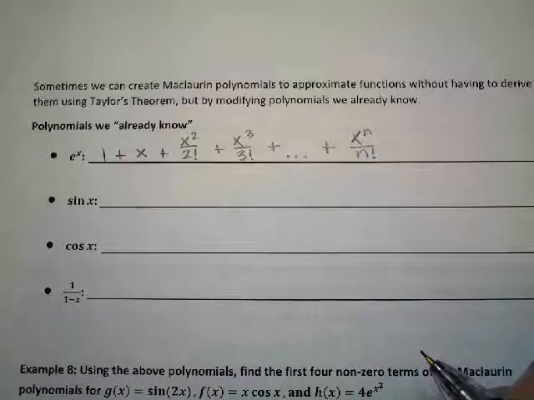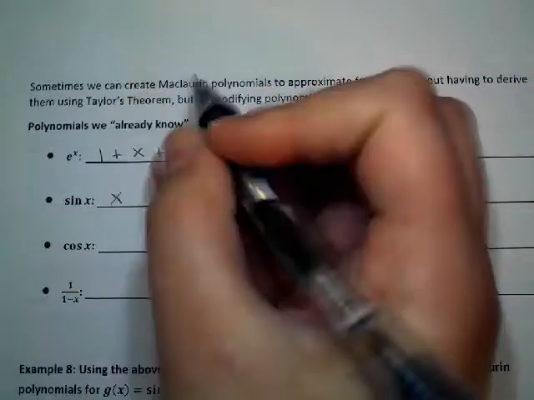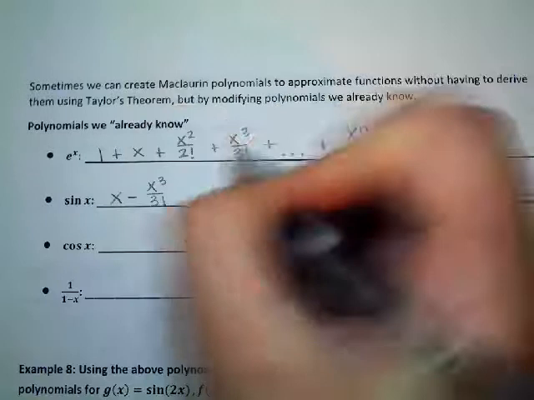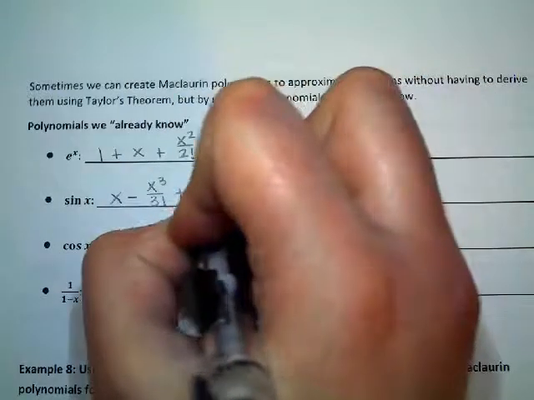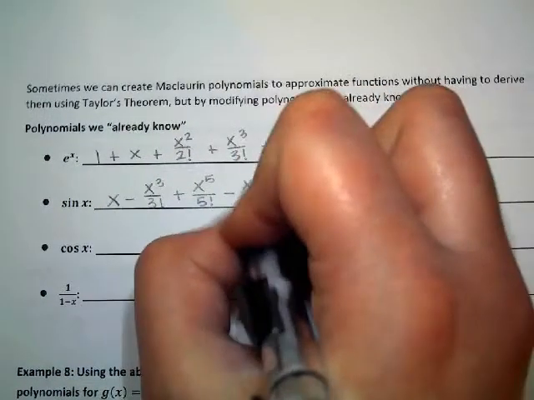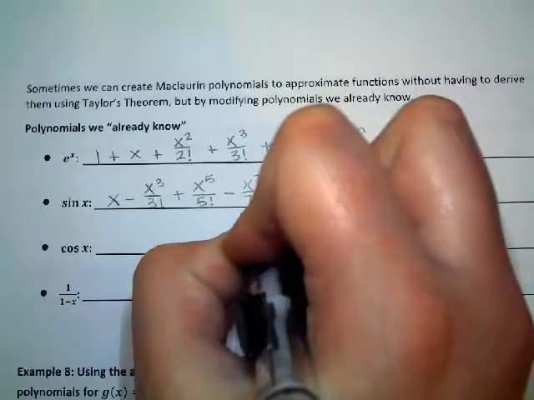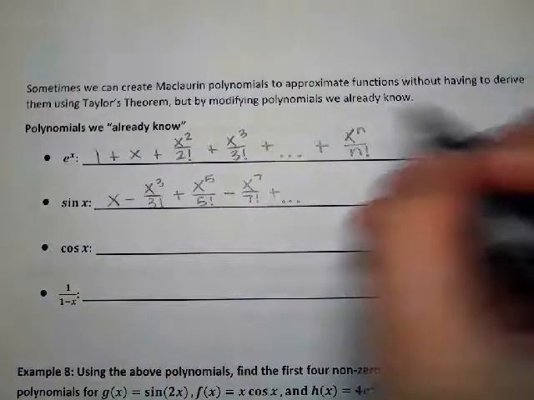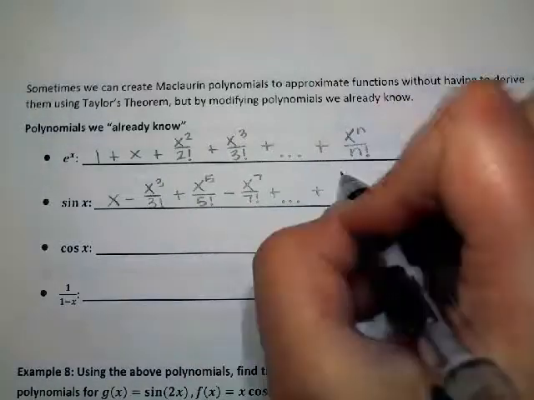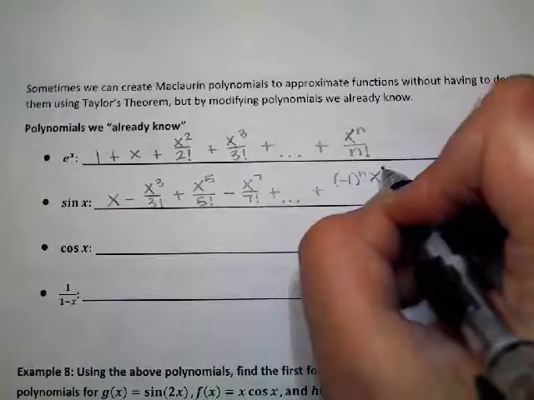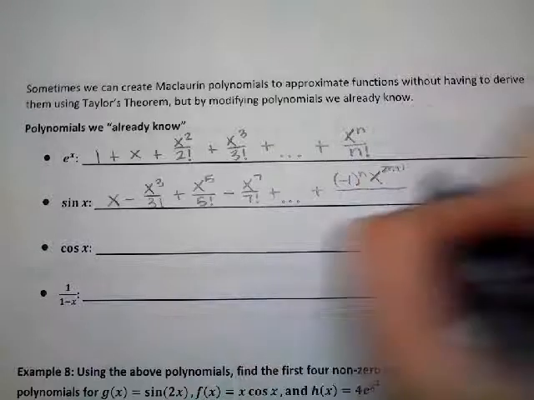So sine is x minus x to the third over 3 factorial plus x to the fifth over 5 factorial minus x to the seventh over 7 factorial plus dot dot dot plus negative 1 to the n, x to the 2n plus 1, over 2n plus 1 factorial.